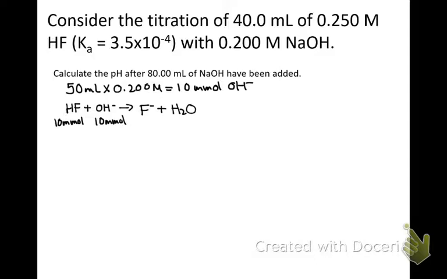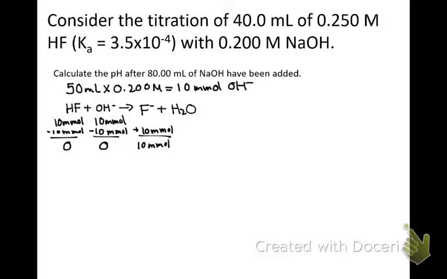Okay, in this case, neither of these is the limiting reactant, so they're in their stoichiometric ratio. So both of them are going to react by 10 millimoles, and we're going to produce 10 millimoles of F minus. So at the end, we will have no HF left, no OH minus, and 10 millimoles of F minus.